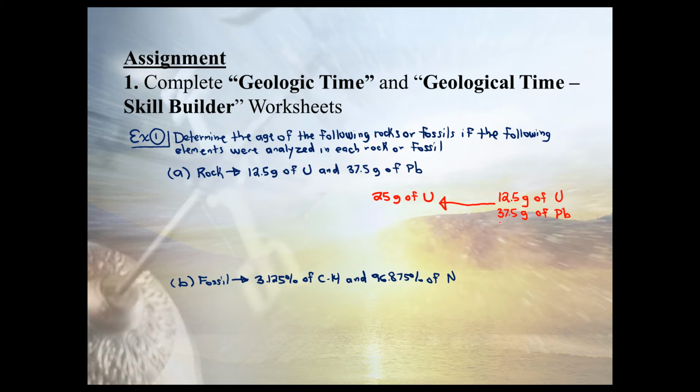Well, look at these numbers here. If I add them up, the total mass would be 50 grams. So if I went back by a half-life, I now have double the amount of uranium, but I'd have less lead because not as much of the uranium has decayed into lead yet. Since the total mass needs to be 50, I then have 25 grams of lead. Okay, that adds up to 50 again.